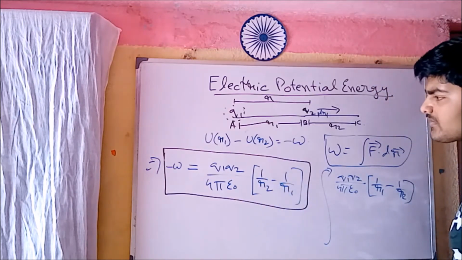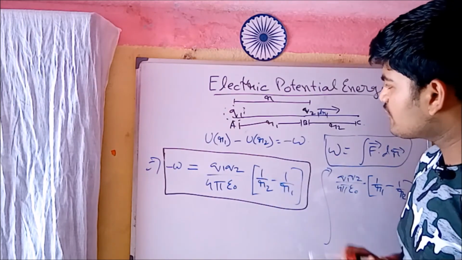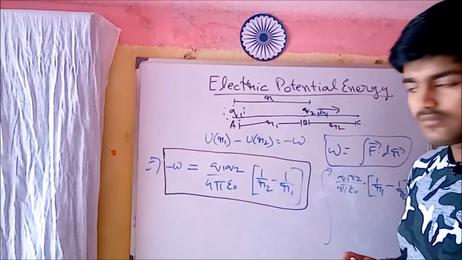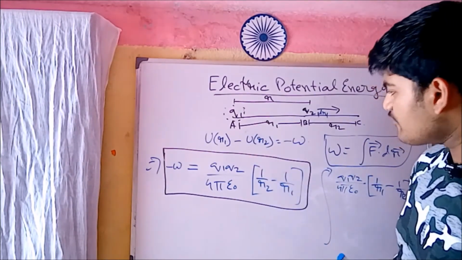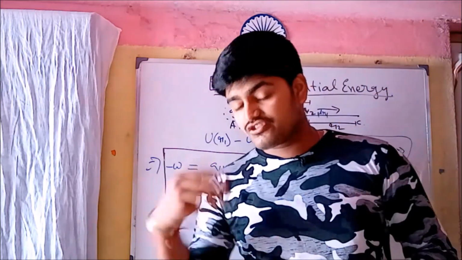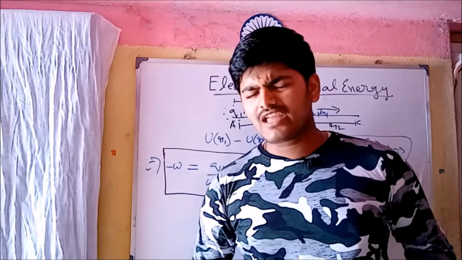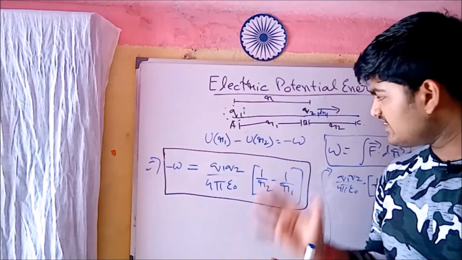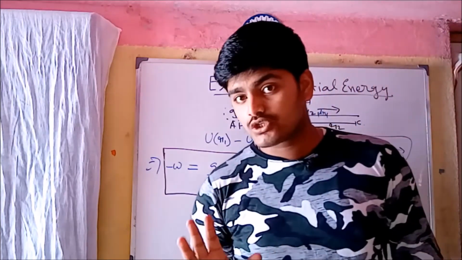1 by R1. Now this is a special case when the body A is fixed, but if there are multiple bodies, suppose 3 charges, 4 charges, 5 charges, or n number of charges, in that case we simply add their electric fields according to the vector addition rules.